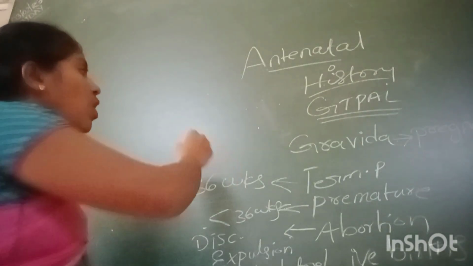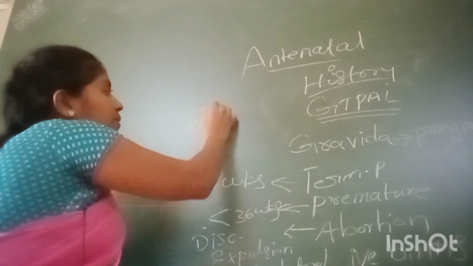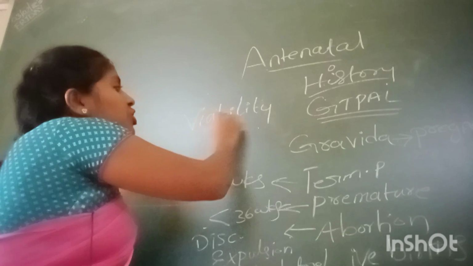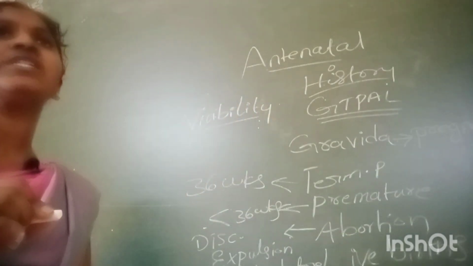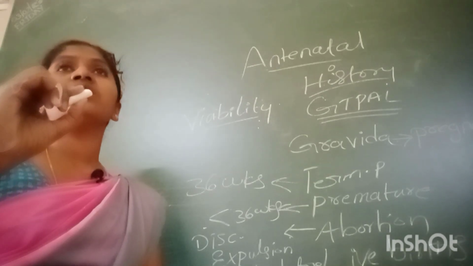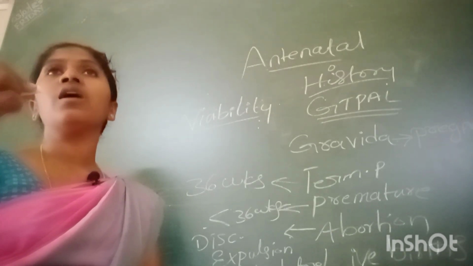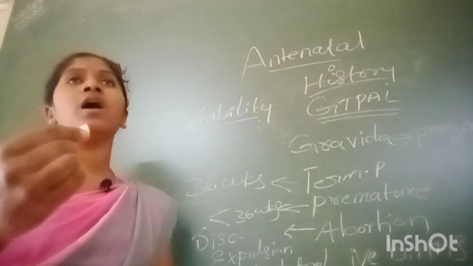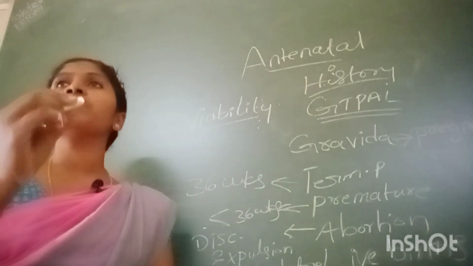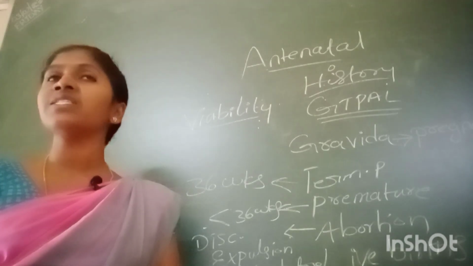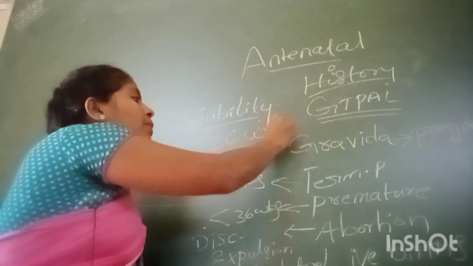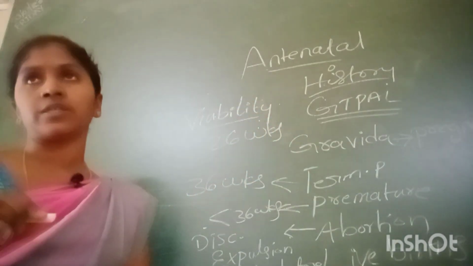That terminology is called viability. I already taught you this as per my remembrance, right? Viability means the baby can survive out of the environment of the uterus after the baby reaches 26 weeks.